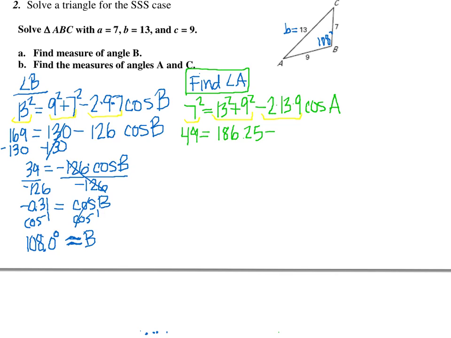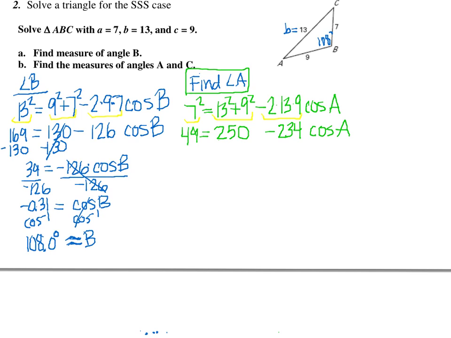Let me erase that. It's not 186.25, it's 250. Okay, so 49 equals 250 minus 2 times 13 times 9, which is 234. And we still have the cosine of A.